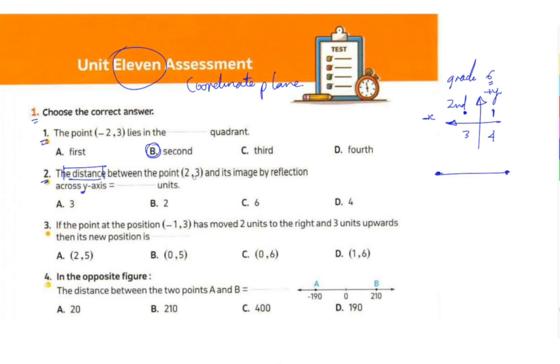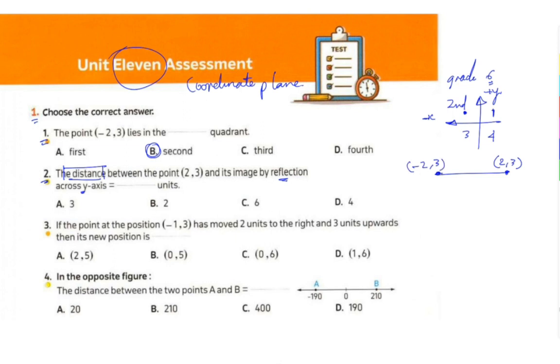The first point is (2, 3), and the second point is a reflection of this point across y-axis. When we have reflection across y-axis, y is constant and we change the sign of x. We have x here positive, so it would be -2.